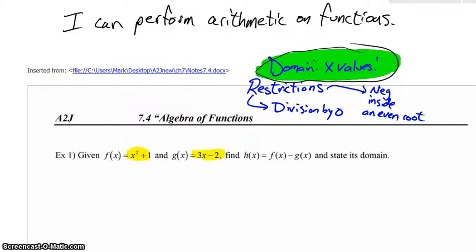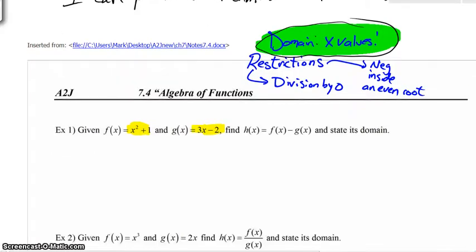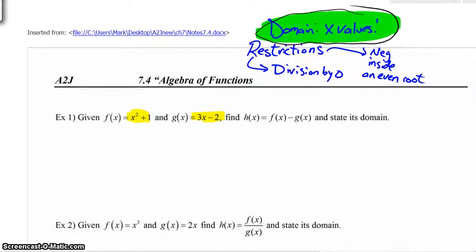In a similar way, you can have x values substituted into even indexed roots like square roots, fourth roots, and so forth, where you have a negative inside. And if that's the case, then you'd also have an error. So that's really what's happening with domain. We'd like to know if there are any x values that we would not be allowed to use.